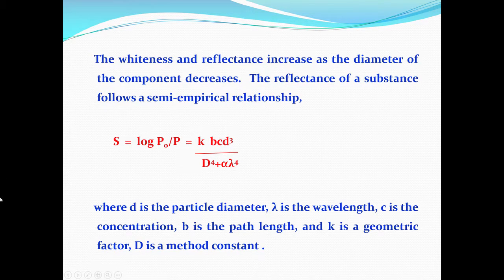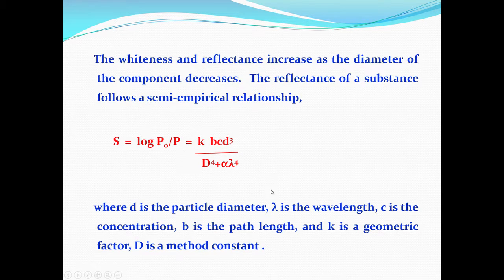The relation is somewhat complicated, and here small d refers to the particle parameter. Here I have d cubed, and lambda is the wavelength, c is the concentration, here I have it in the numerator, b is the path length, k is a geometric constant, and alpha is a method constant.